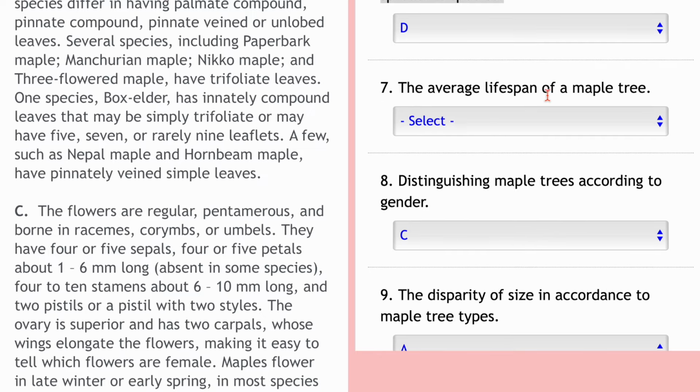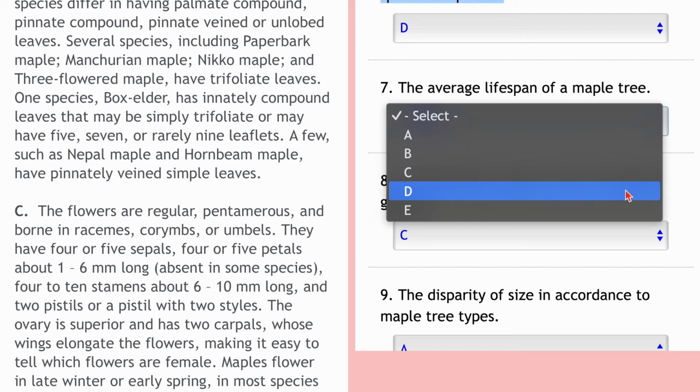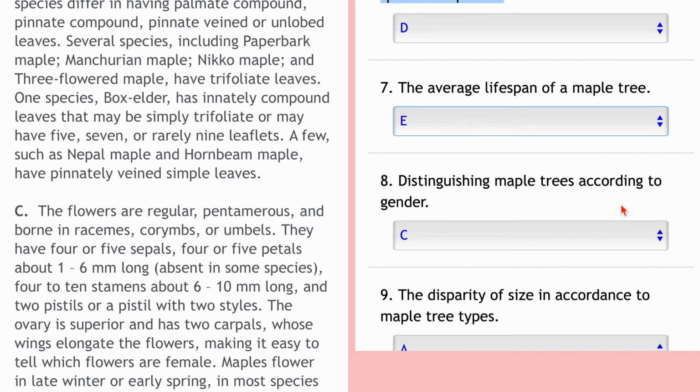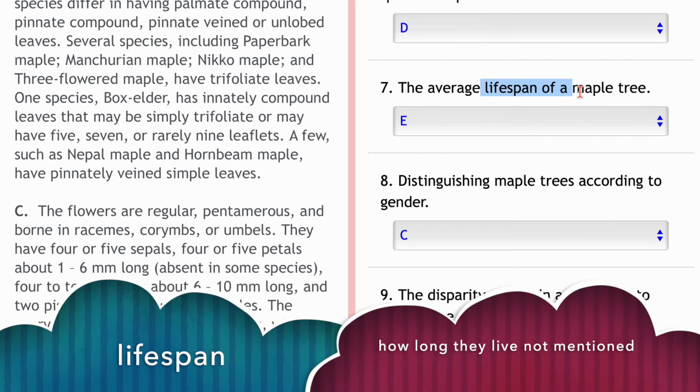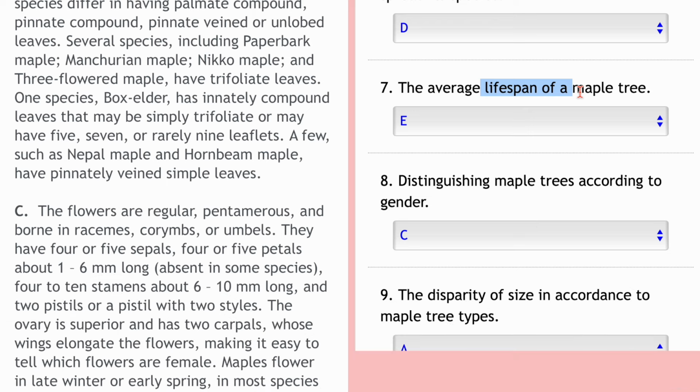The average lifespan of a maple tree? Okay. D or E? E. I didn't read anything about lifespan, meaning how long they live for.